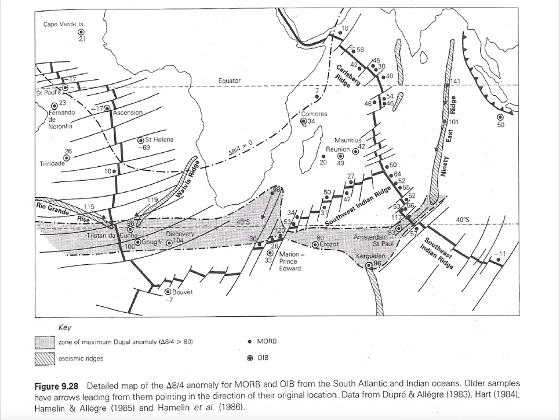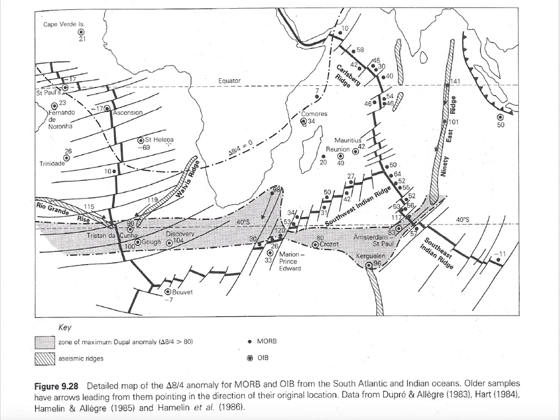Then along this Carlsberg Ridge and everywhere along the South Indian Ridge, we have MORB, and then the small black dots with the circle around are the ocean island basalts, like here in St. Helena, in Trinidad, in Ascension. The Fernando de Noronha is MORB, and here São Paulo is north, and Cape Verde here is also OIB, that is ocean island basalt, and that means they are enriched.